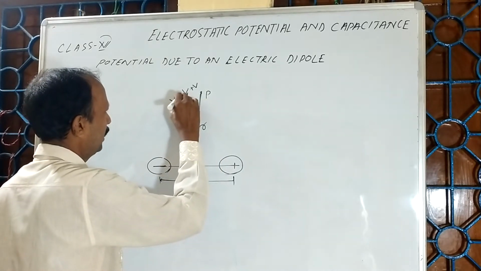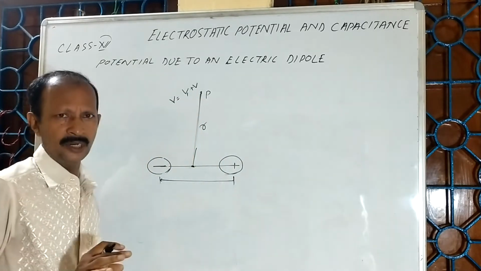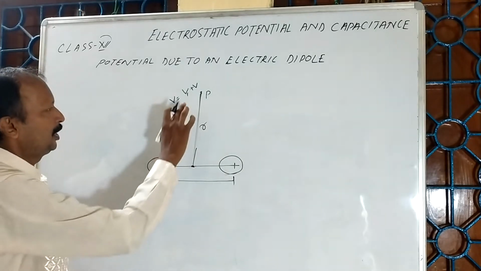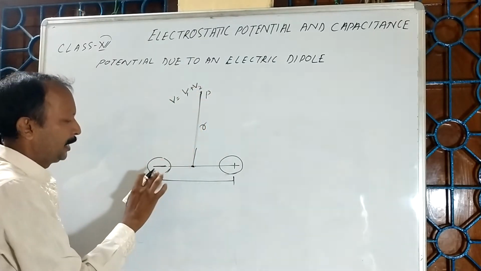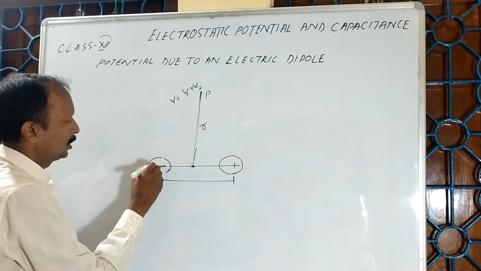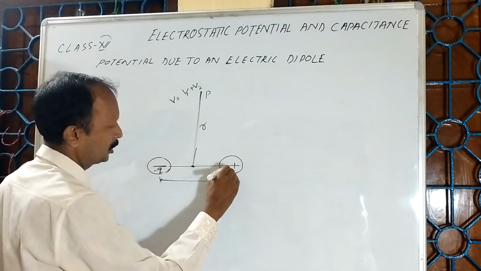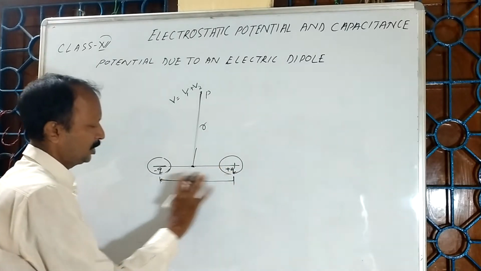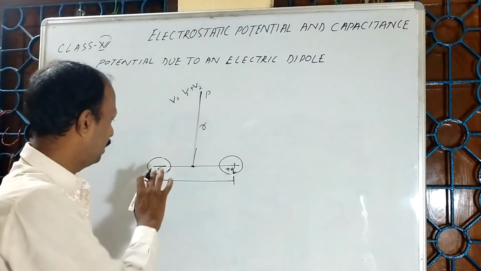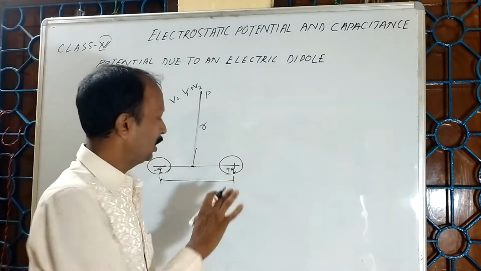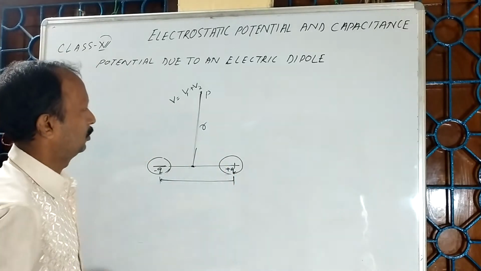So the total potential will be V1 plus V2. This is the negative charge, minus Q, and this is the positive charge, plus Q. I have taken equal charges.